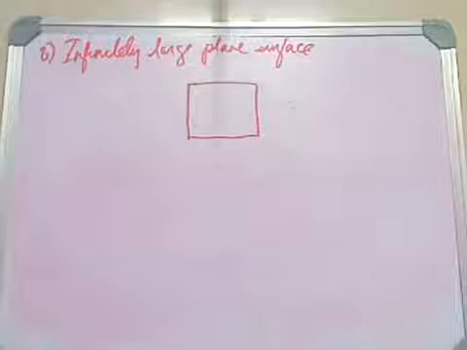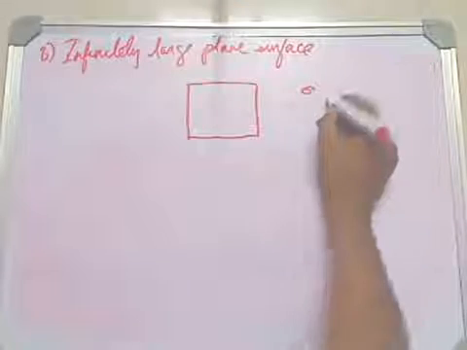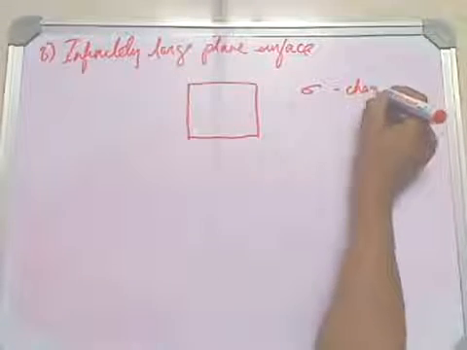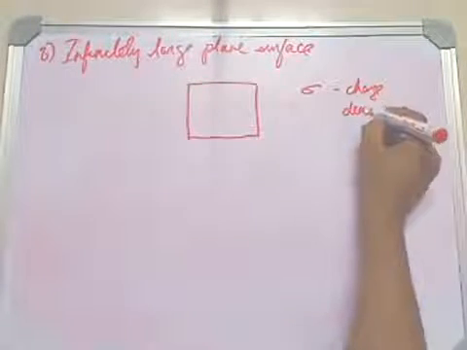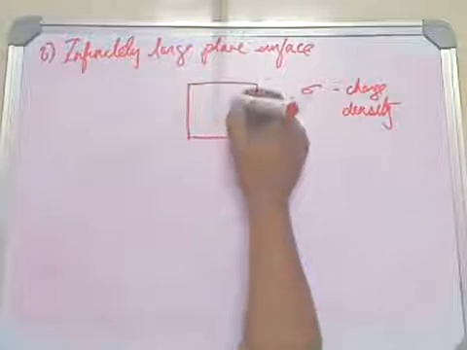So, for an object which is infinitely large, you consider sigma, small sigma, as the charge density. The next thing that you would actually apply here would be this.